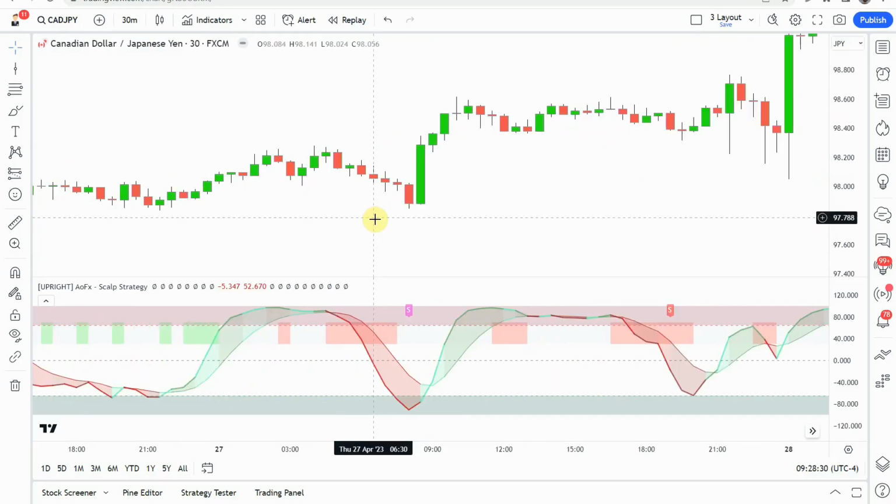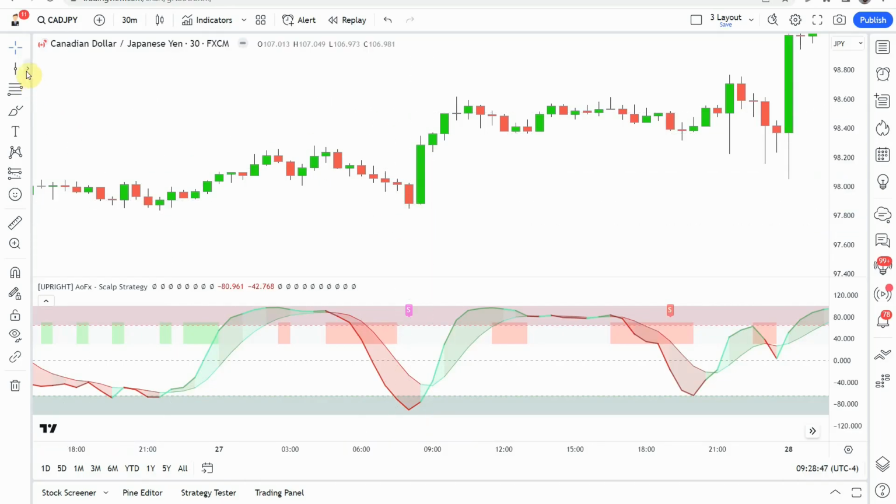And so what I do when using this particular strategy and this indicator is look for the continuation to the downside. You can see this little wick that has formed right here.